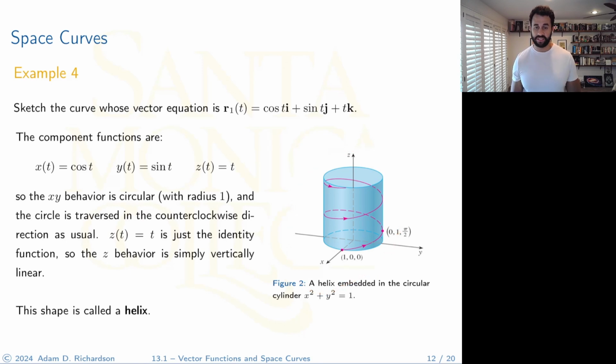This just reiterates what I said a moment ago. Here's the x component function, the y component function, and the z component function. The circle is traversed in the counterclockwise direction as usual, and z of t equals t. That's just the identity function, so you just get vertical linear behavior. And this is a helix. There you go. So now you have the vector function that describes a helix.